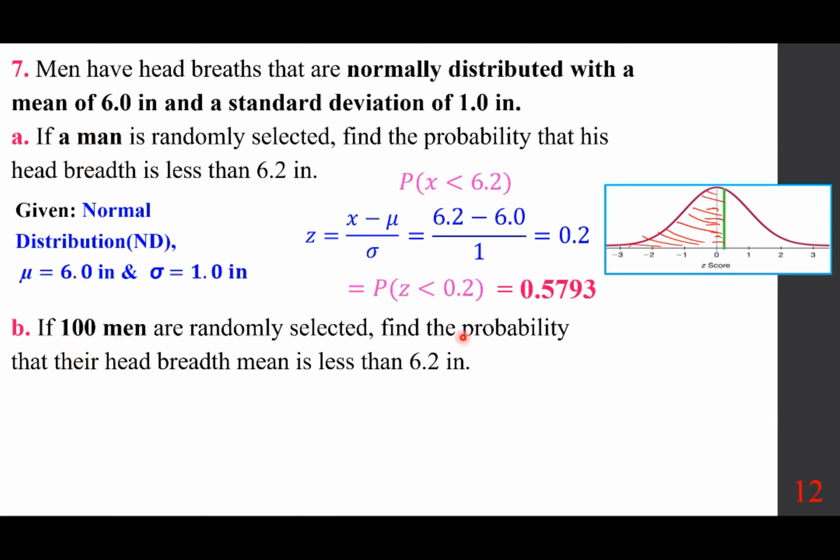If 100 men are randomly selected, find the probability that their head breadth mean is less than 6.2. Now, this formula, probability of X less than 6.2, becomes the probability of X bar, and that's the key.